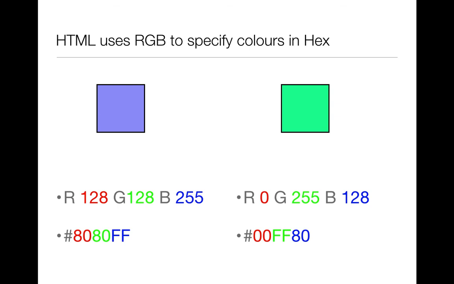Looking at the shade of blue here, the red value is 128, the green value is 128, and the blue value is 255. 128 in hexadecimal is 80. So we get hash 8080FF. 255 is FF. So although it's possible to specify the color in decimal, typically it gets expressed in hexadecimal just because it's very convenient. It's 6 digits, 2 for each color.